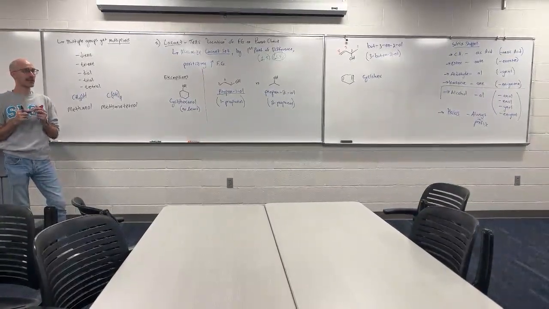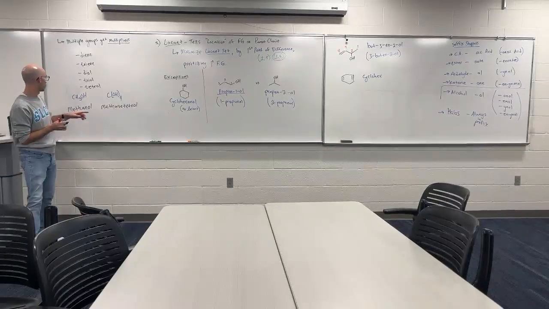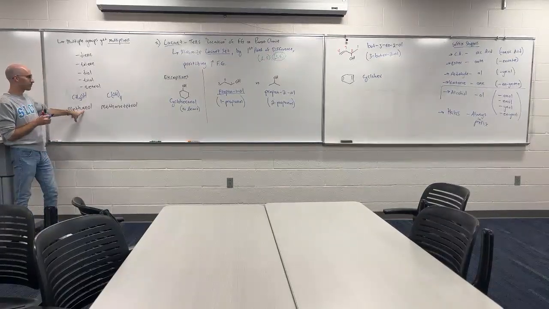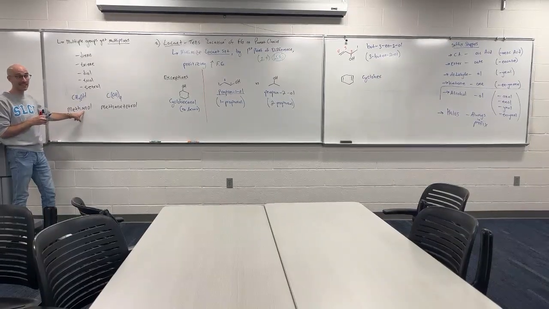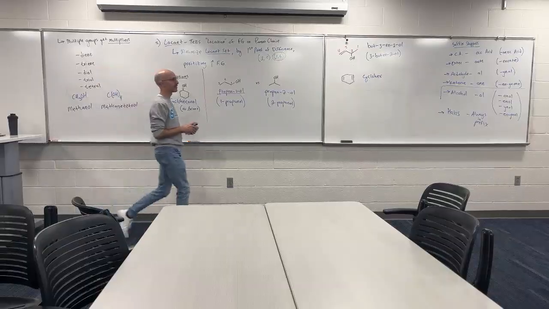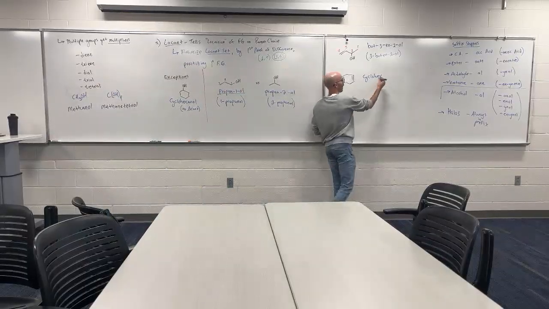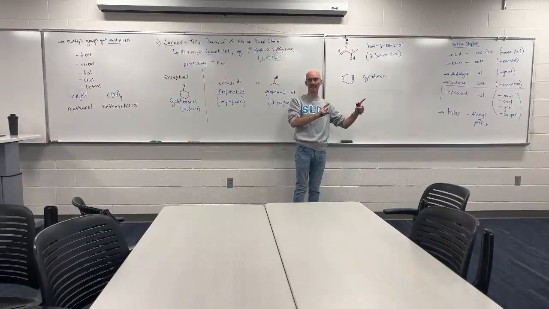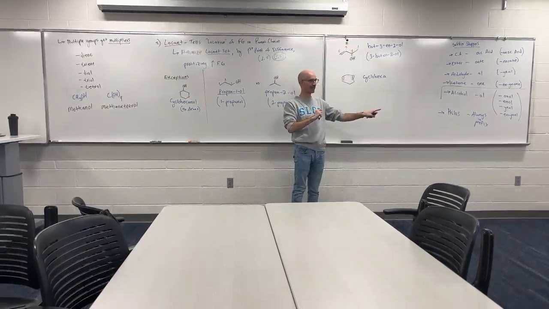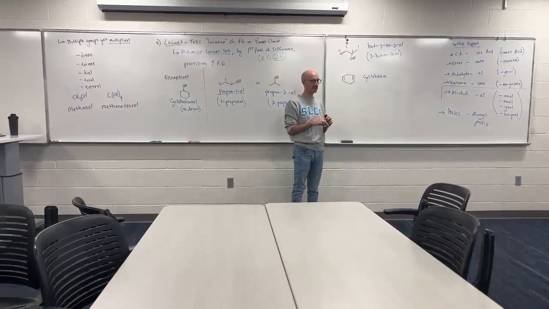Now here's a weird thing. When you have a multiplier, I told you that this A comes back in, even if the suffix is not ane. In this case, the suffix is ene, but this is going to become cyclohexa because it's going to be followed by di before it's followed by ene. So you get this A back in there.